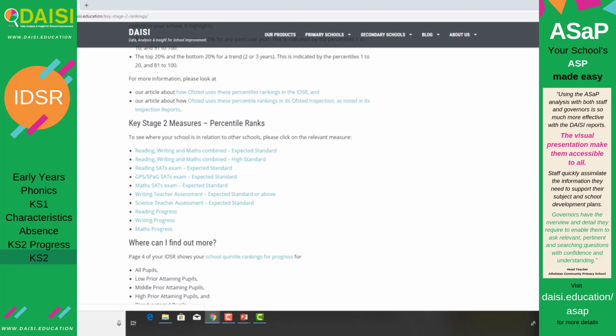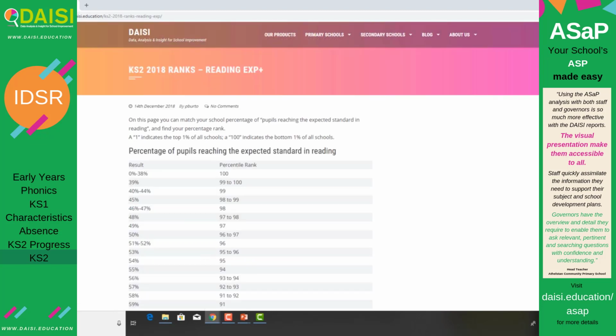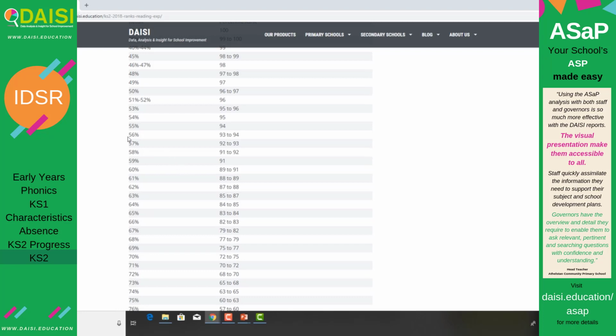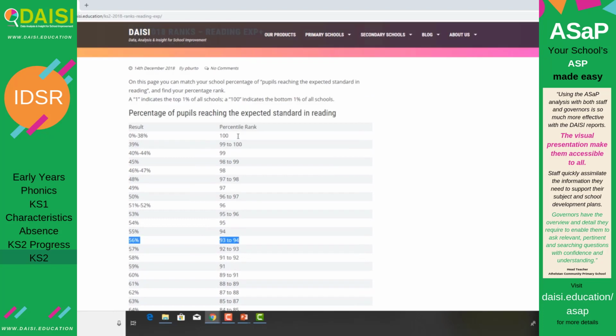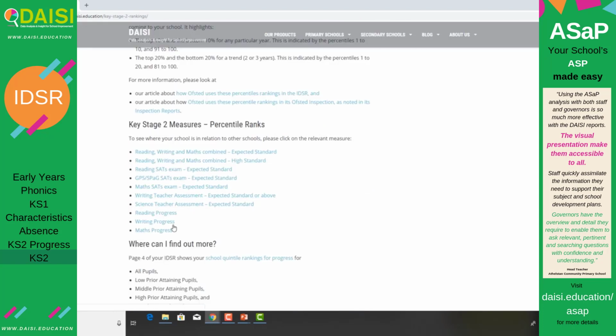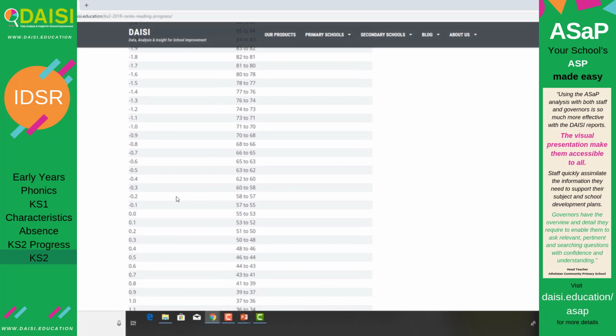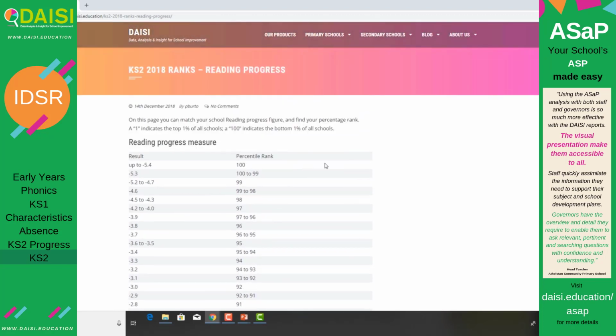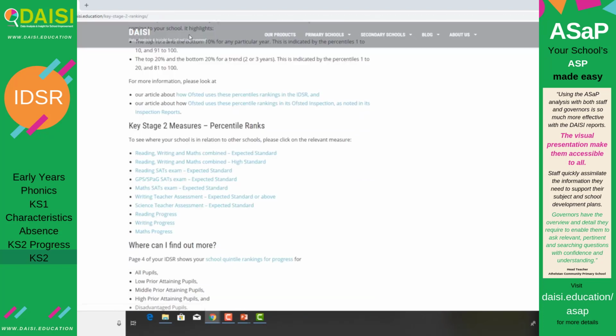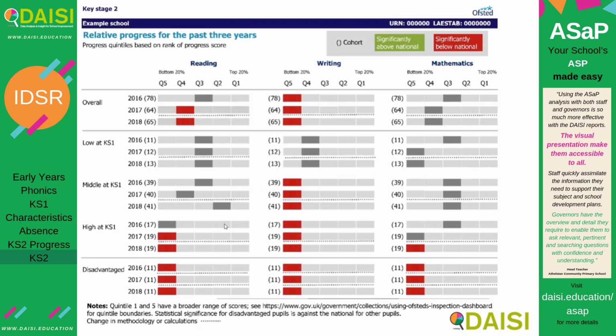So suppose your attainment in reading was 56%, then you know you are in the 93rd, 94th percentile rank. Similarly, if for progress, suppose your progress score is minus 0.2, then you can look up and you can see you're in the 58th, 57th ranking, somewhere around there. So you can use this information to supplement the information which is here.